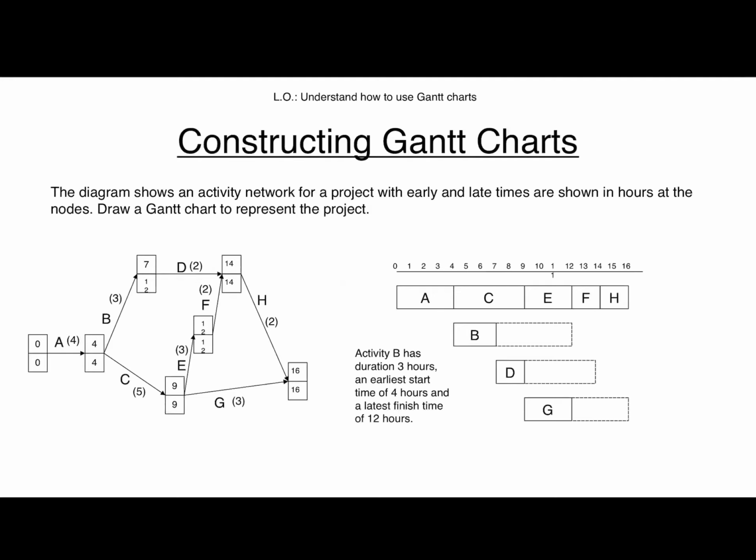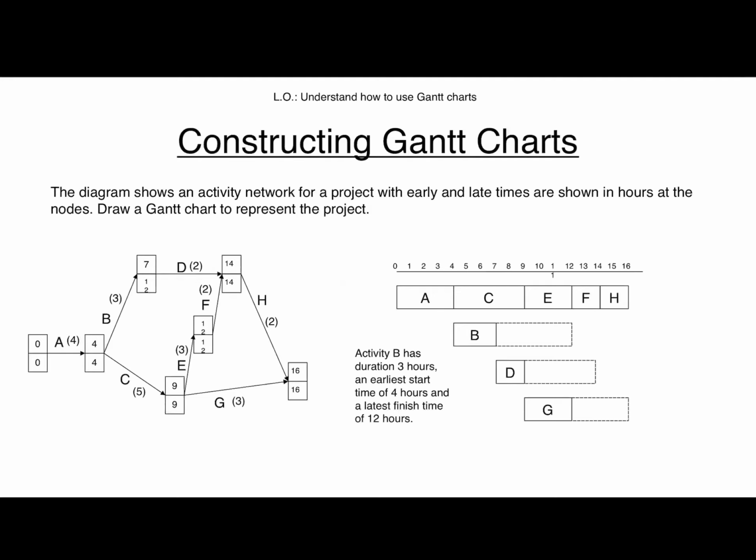And the first thing that we need to do from that diagram is to identify which ones are the critical activities. Now, if you remember from last lesson, I said that the critical activities are easily identified by being the activities between nodes that have got the same early event times and late event times.